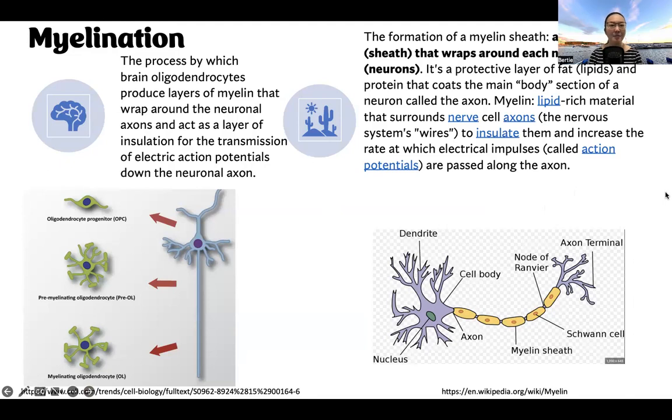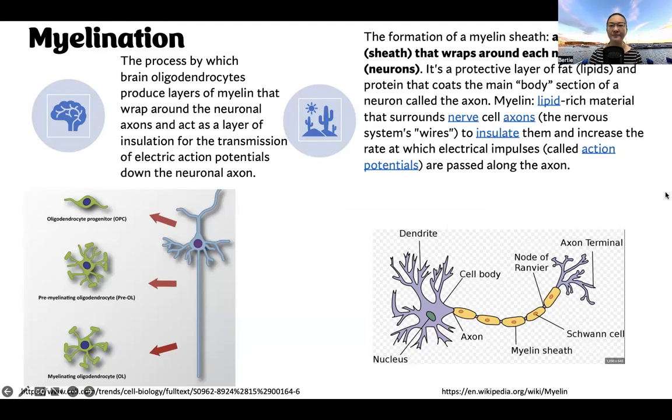Myelination. Myelination is the process by which brain oligodendrocytes produce layers of myelin that wrap around the neural axons and act as a layer of insulation for the transmission of electric action potentials down the neuronal axon.